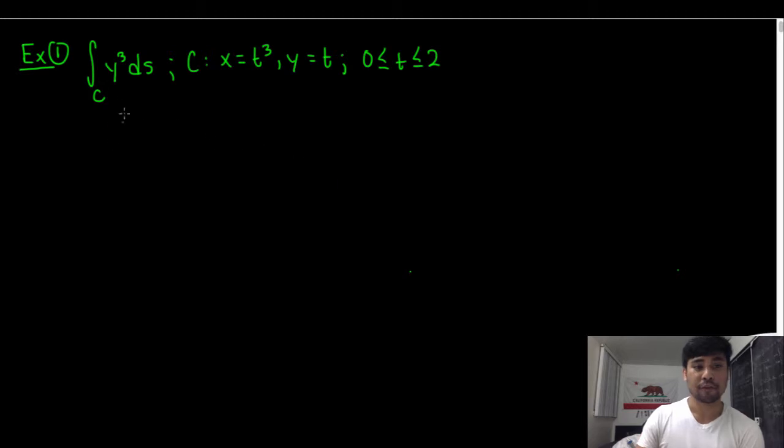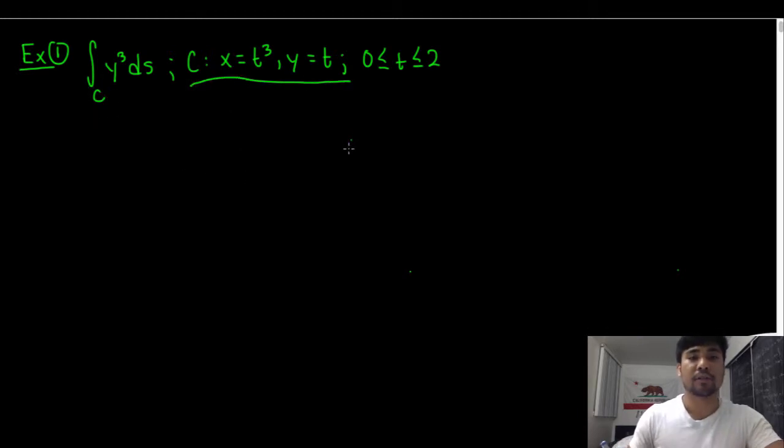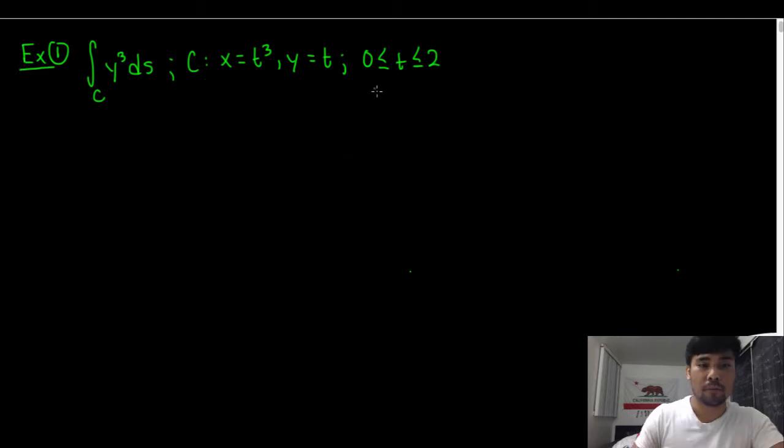For this first example, we're taking the line integral of y cubed ds, where the curve C is defined as x equals t cubed and y equals t, and t ranges from 0 to 2. Y cubed is t cubed, and ds is the arc length of this curve.